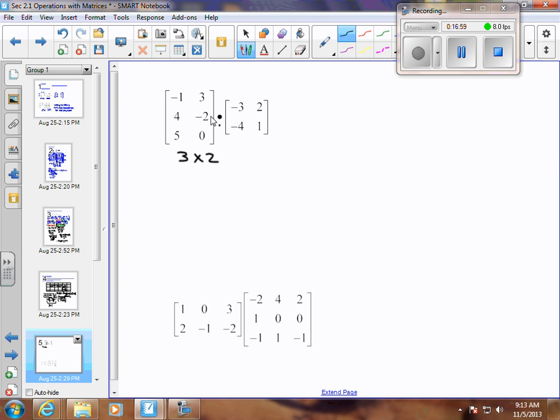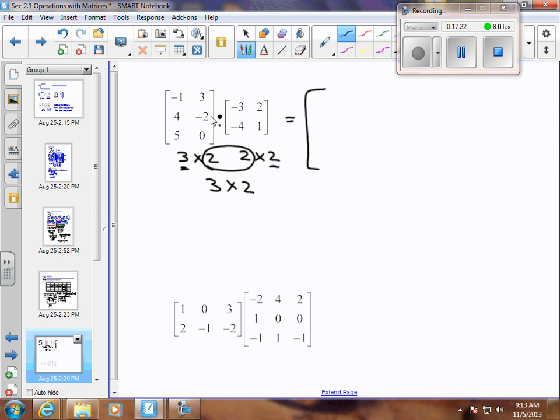The second matrix has 2 rows and 2 columns. So I can multiply the matrices. The resulting matrix is going to have 3 rows and 2 columns. That's good to know so that you can configure it properly when you're writing the answer down.